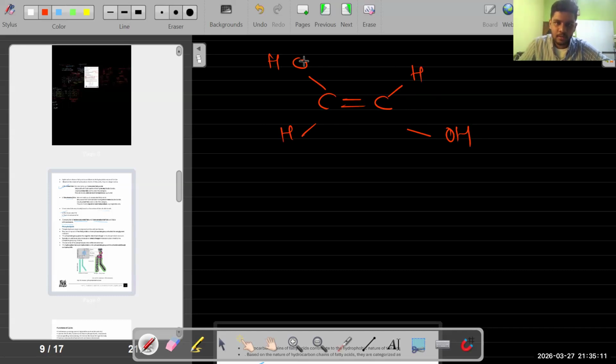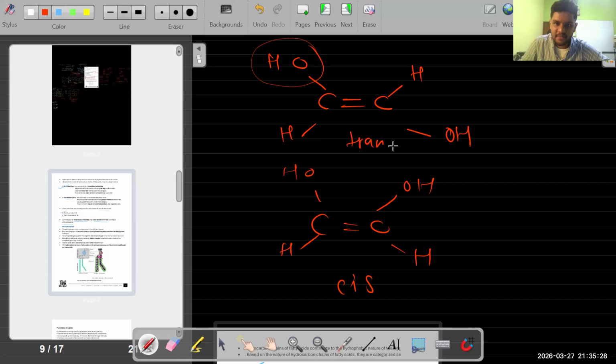Having similar groups in one direction is called cis, which means like this, OH, OH, having H here, having H here. This is cis. This is trans, which means having different groups on the sides. Can you understand? This is called cis trans. Can you understand this?